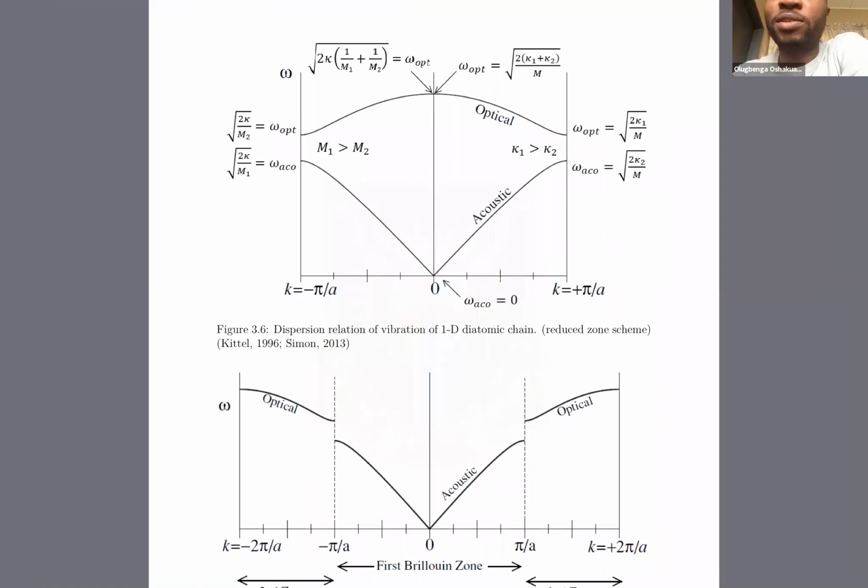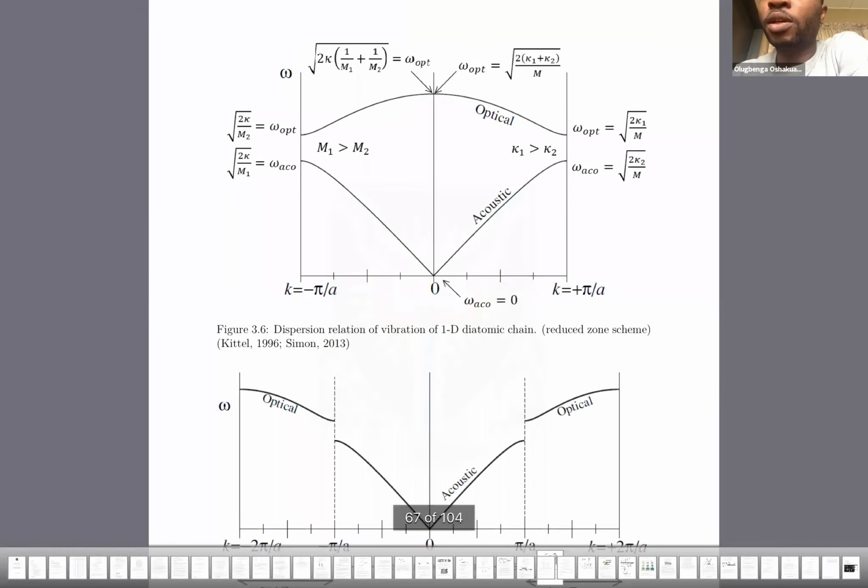You would notice this as omega optical, omega acoustical, and omega optical over there. Another thing we should also notice about this plot is that the center is 0, and the boundaries, the edges, are minus pi over a and plus pi over a.